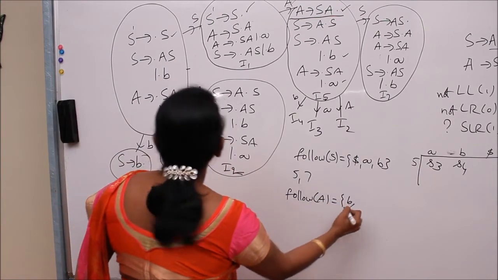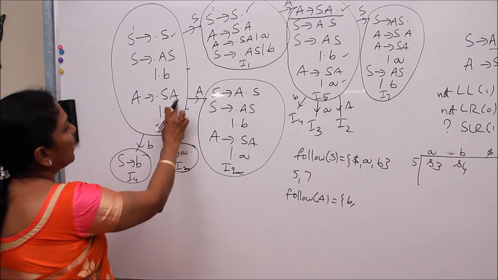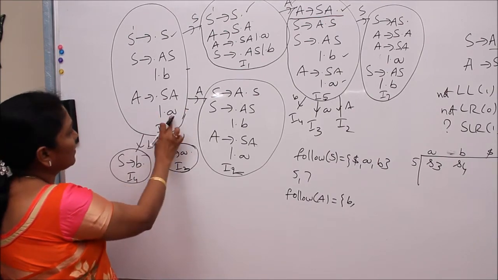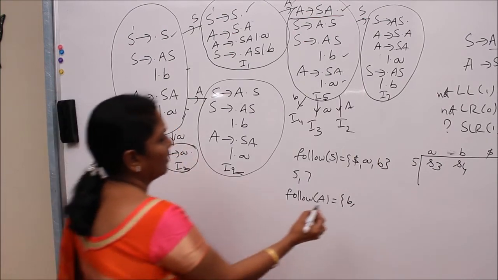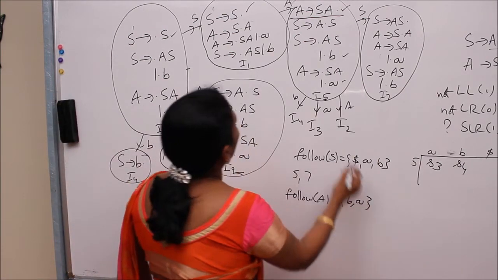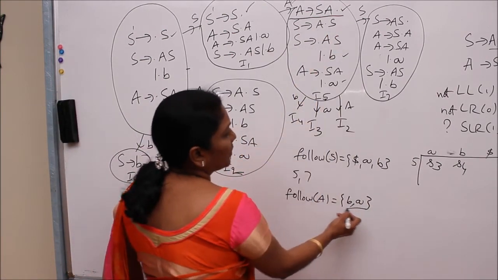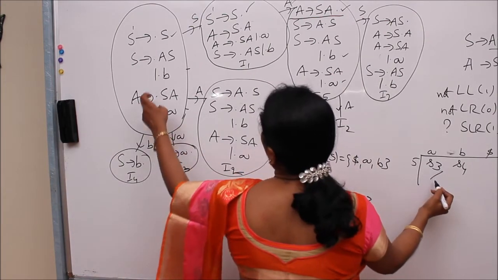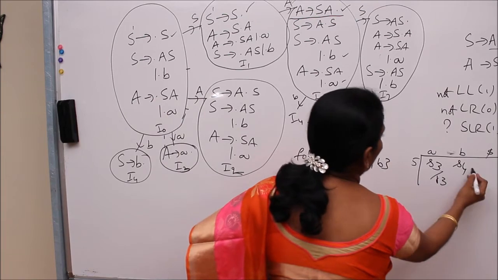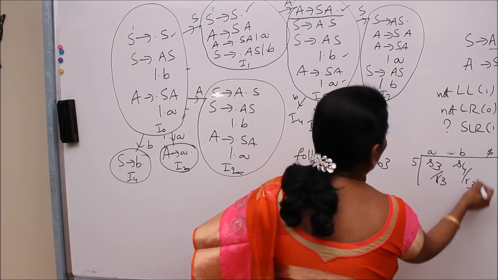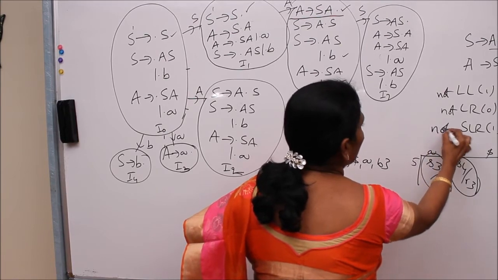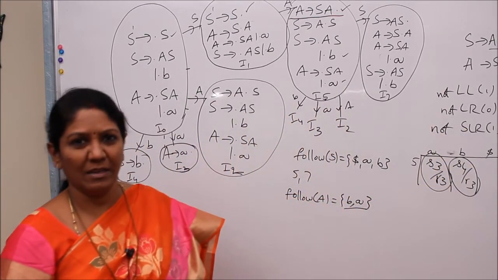Here it is B. You have A also here. So first of S is A and B. So what you have to do, A to SA you have to put under A and B. So look at this. Here this is R3, put R3 under both. So at both places you have multiple entries, which clearly shows that this is not SLR1.